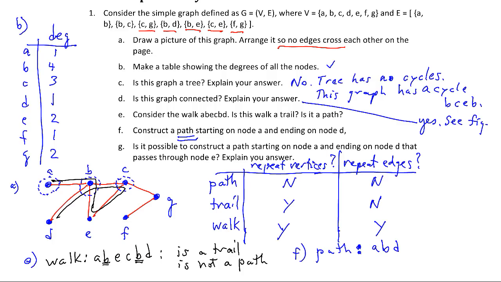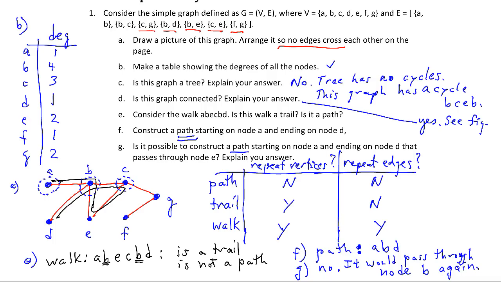So there's part F. Now part G: is it possible to construct a path starting on node A and ending on node D that passes through node E? Explain your answer. I just answered this when I did part F. No. It would have to pass through node B again, and it wouldn't be a path because it would repeat the vertex.